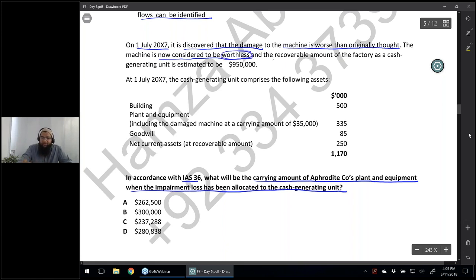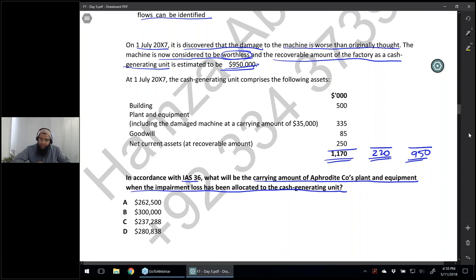The recoverable amount of the factory as a cash generating unit is estimated to be 950. So this is the carrying amount, and the recoverable amount is actually 950, which means that there will be a loss of 220. 1170 minus 950. The loss is going to be 220.